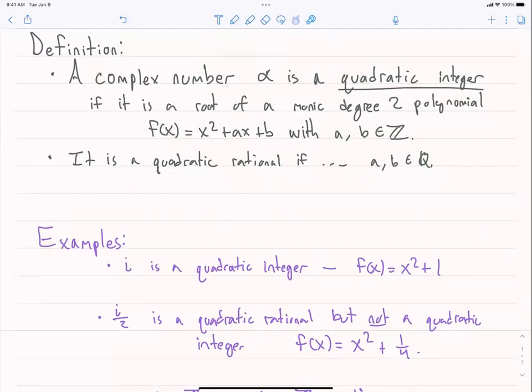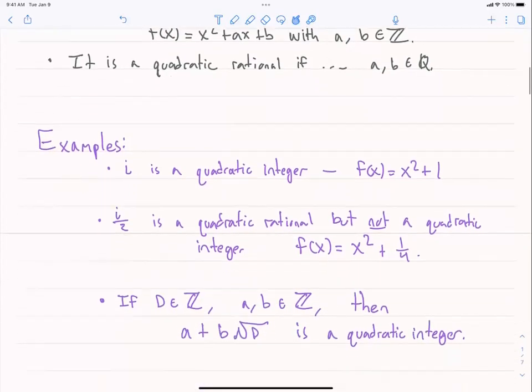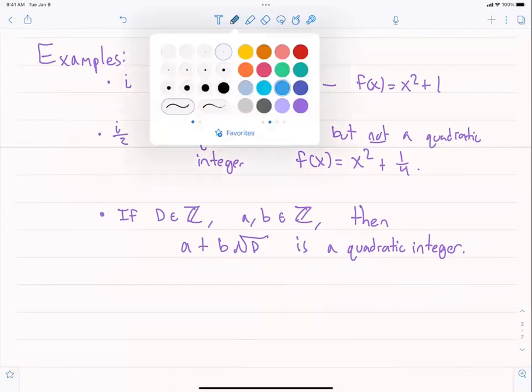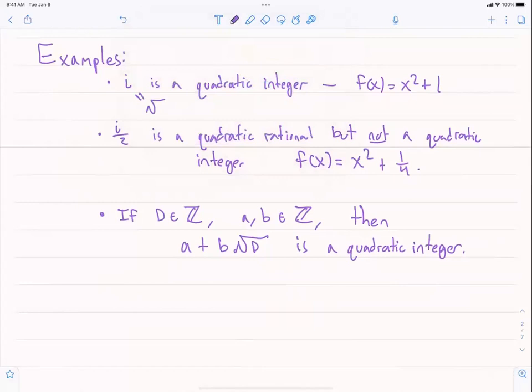So let me discuss some examples. Well, the number i, a square root of -1 in complex numbers, is a quadratic integer. What does it mean to be a square root of -1? That means you're a root of x squared plus 1.